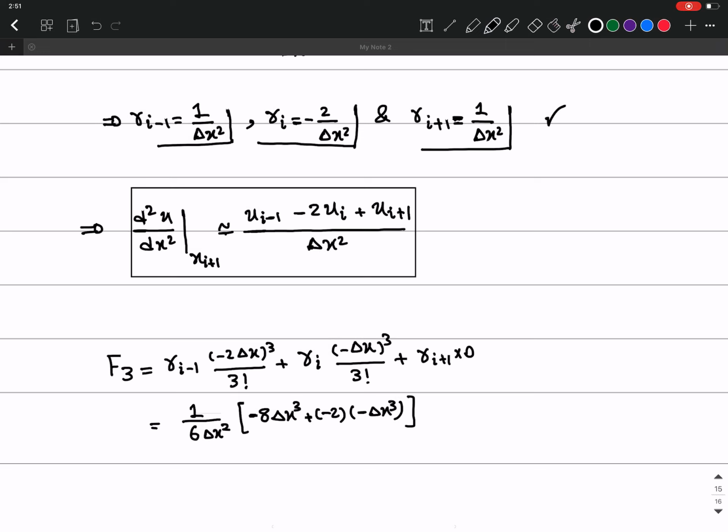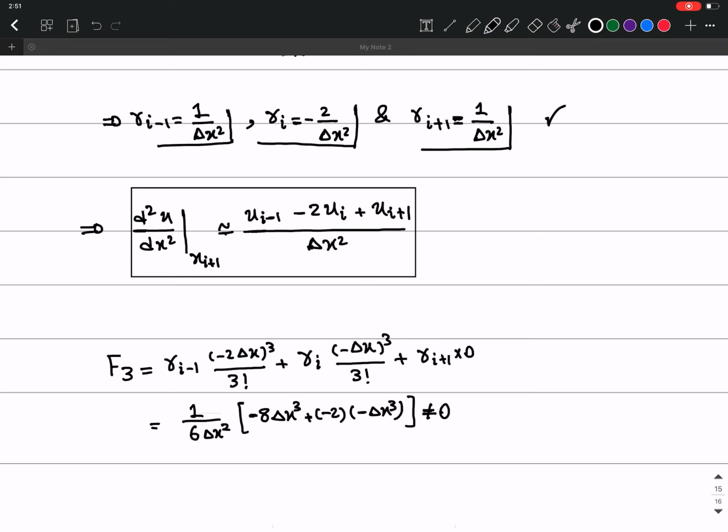So this is going to be plus 2 and this is going to be minus 8. So it's going to be minus 6 delta x cube over delta x squared over 6. So this is not going to be 0, right?